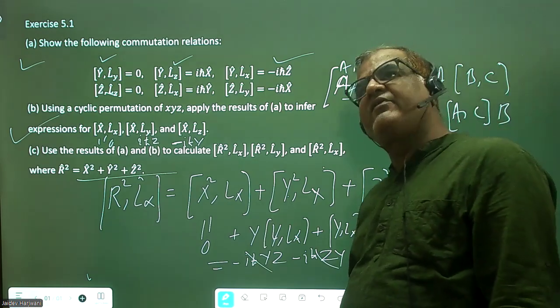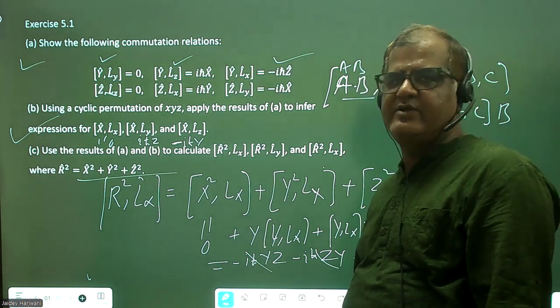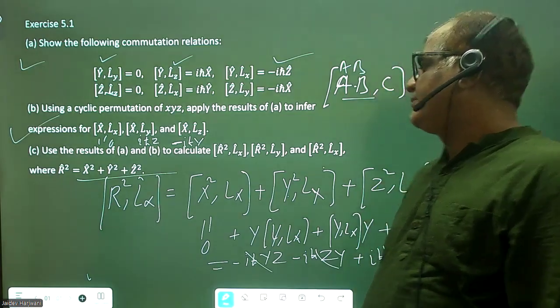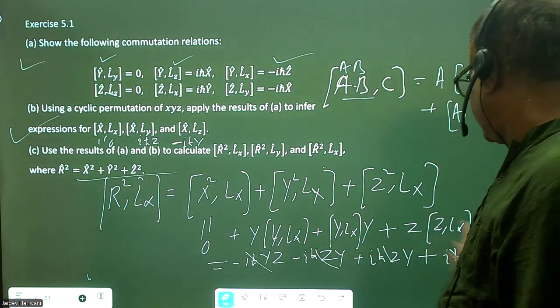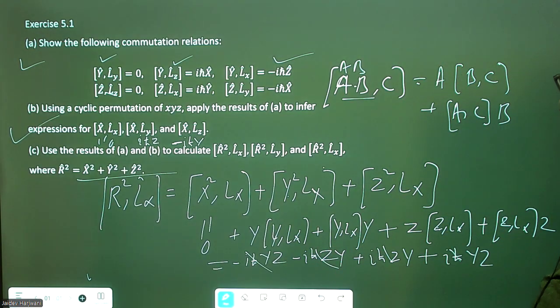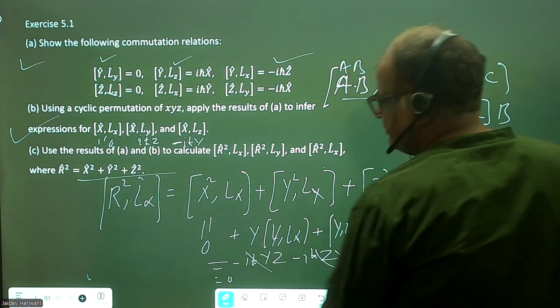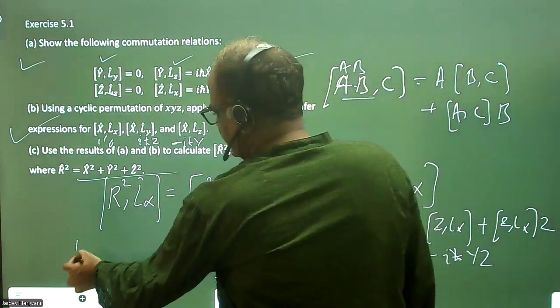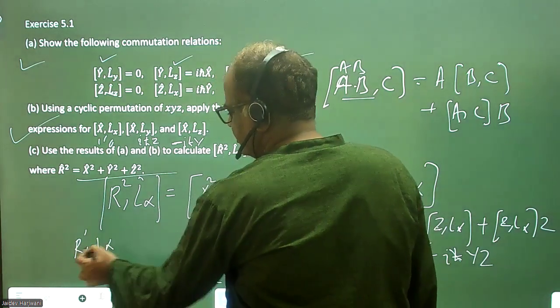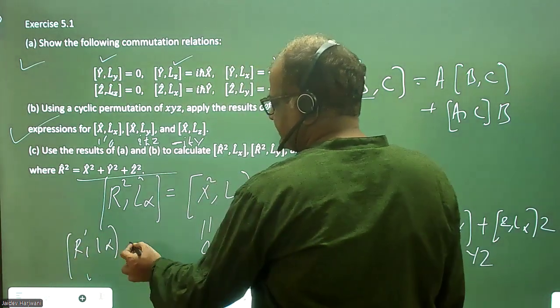You should remember yz also commutes, so you can write yz or zy. But here they are cancelling out, so there is no need to change the order. Because minus is there, this simply cancels out. So now this is equal to 0. That means r square commutes with the angular momentum operator Lx.